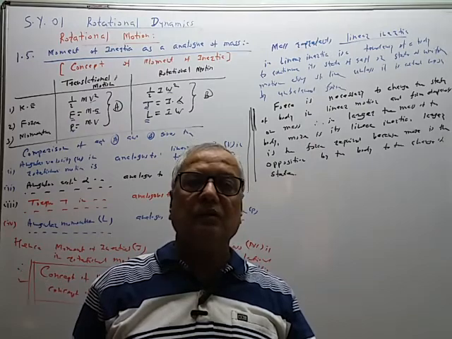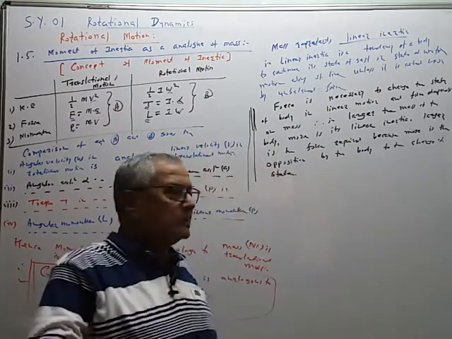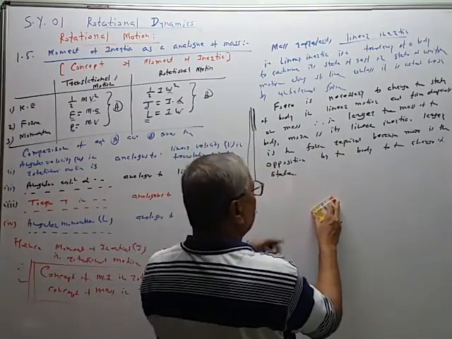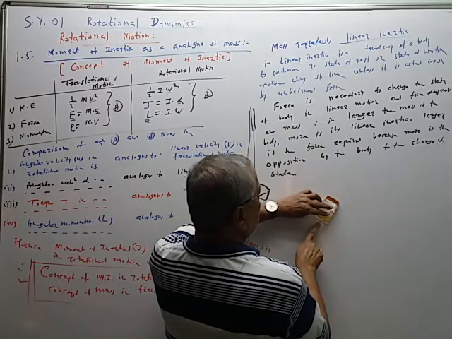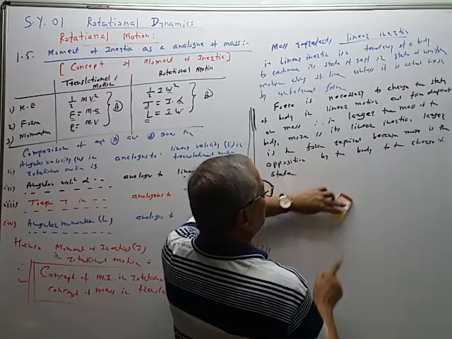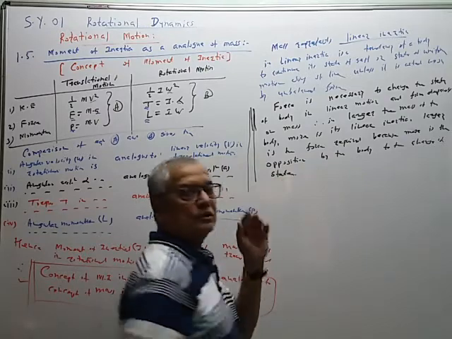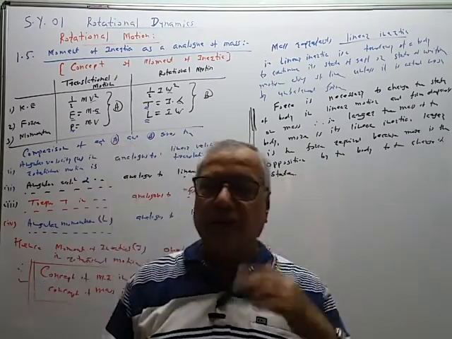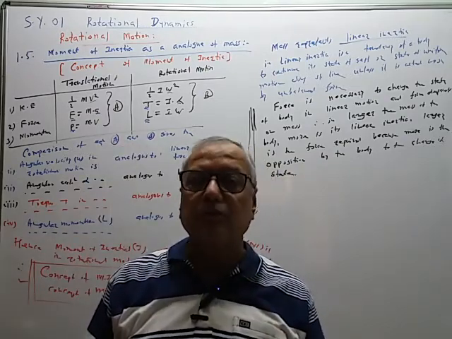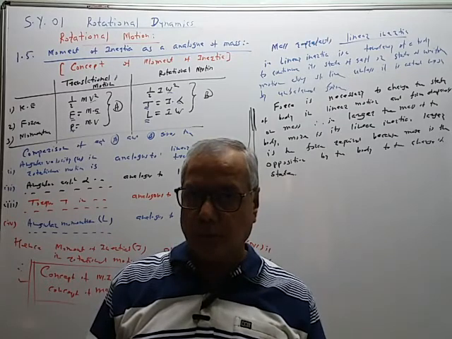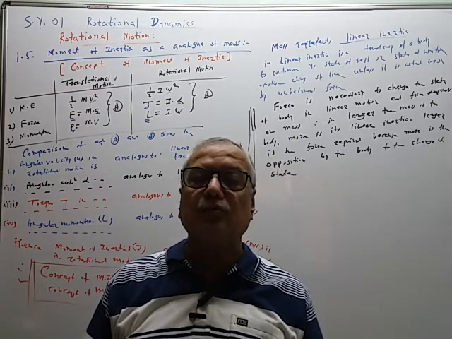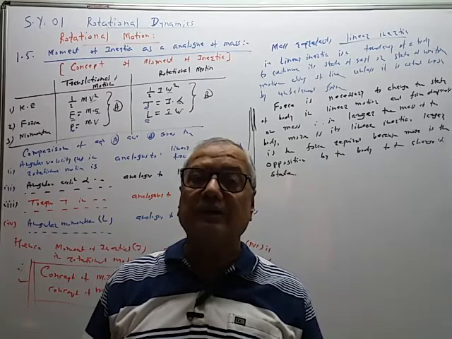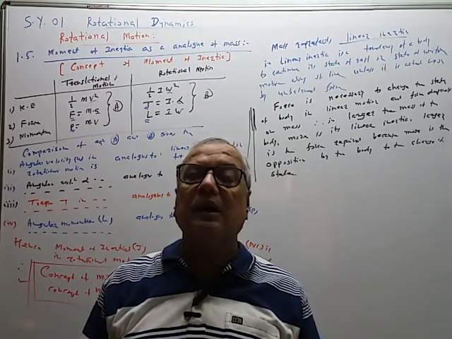For example, if this is a duster here and now if we are to move it in this direction, then some force is required. So without force it cannot change the state. Now when it is in motion, for example, a bus is moving on a road and we are to stop it, so we are to apply the brake. If we are to accelerate it, we are to press the accelerator.